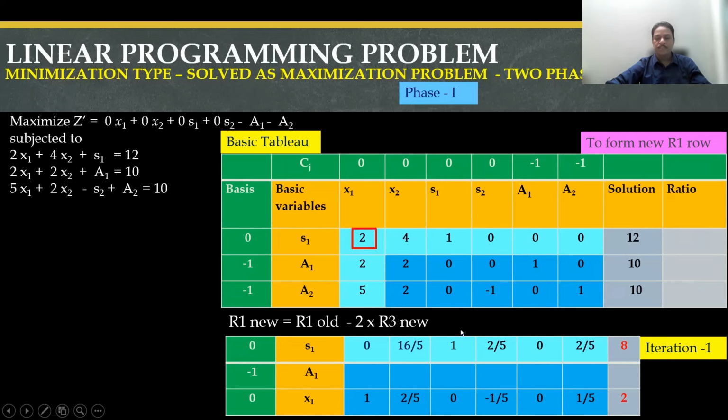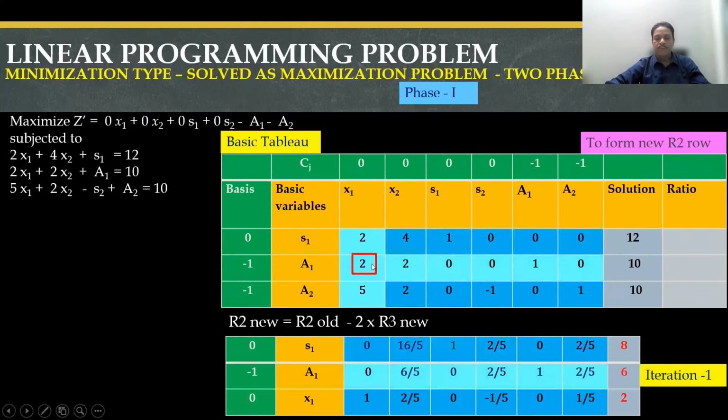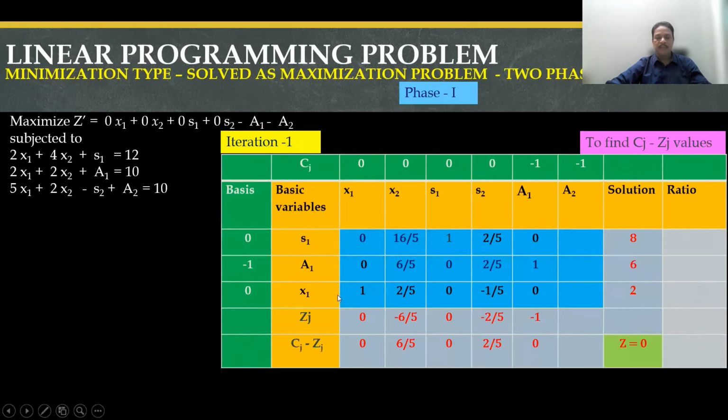And finally, for making this 2 as 0, we follow R2 new equals R2 old minus 2 into R3 new. So these are the elements of the matrix of iteration 1, which we have written like this.